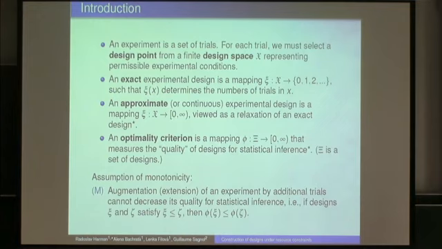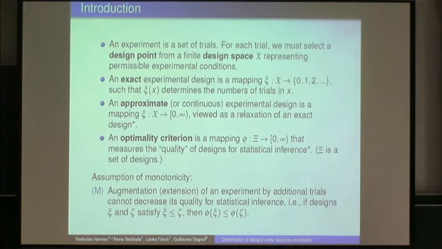Most of the useful effort in optimum design of experiments goes to determining what this should be, because this criterion essentially contains also the model, not only D-optimality or anything. We just consider it in a very general form, some function that assigns some non-negative value to the designs, in the sense that the higher the value of the criterion, the better the design. Okay, so we are talking about maximizing the information content, not minimizing some kind of loss.